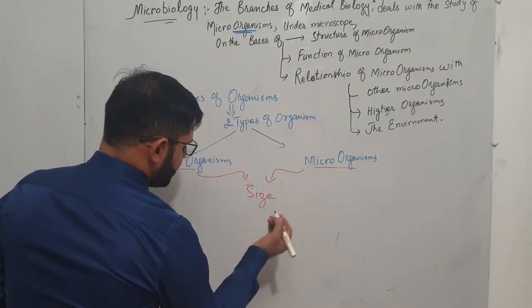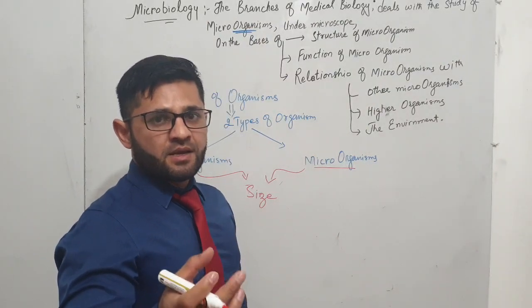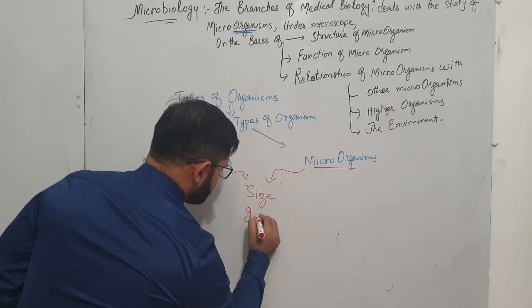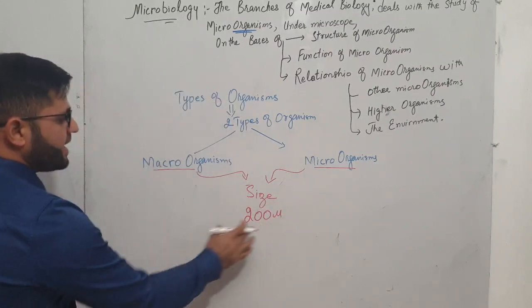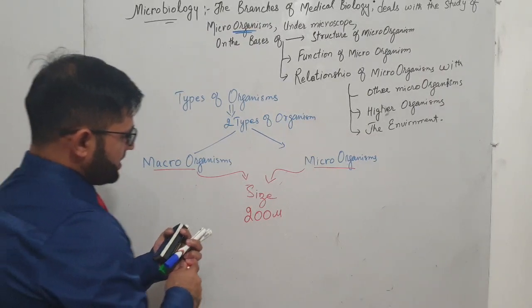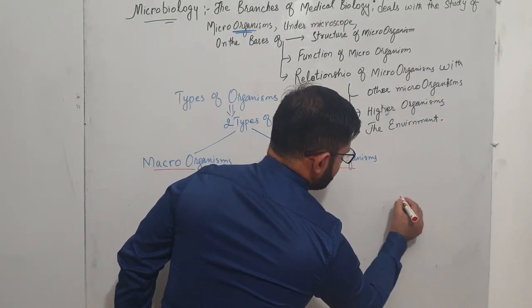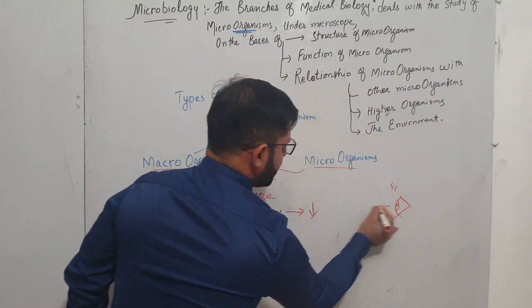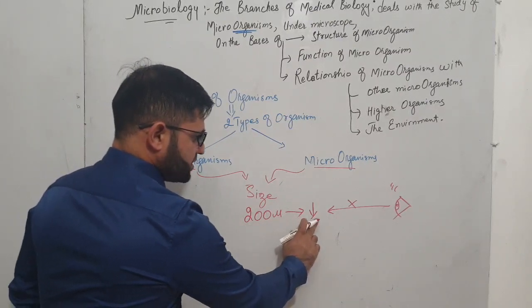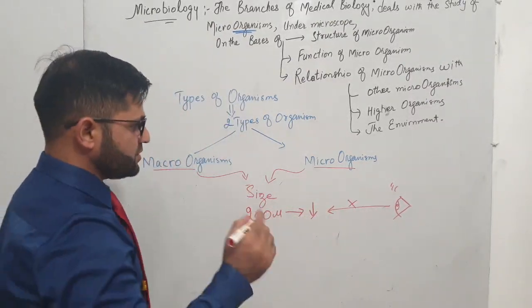So if the size of an organism is less than 200 micron, a healthy eye will not be able to visualize it.